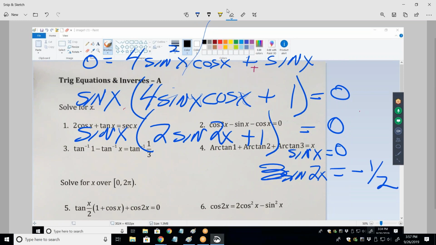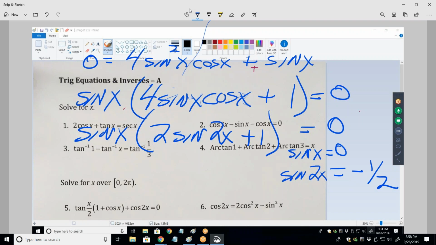Okay, we're going to be able to solve it. Now, the top one you're good with, right? Yes, sir. 0 plus pi k. That one you can use pi, because it does repeat every pi. You know how to do the second one?